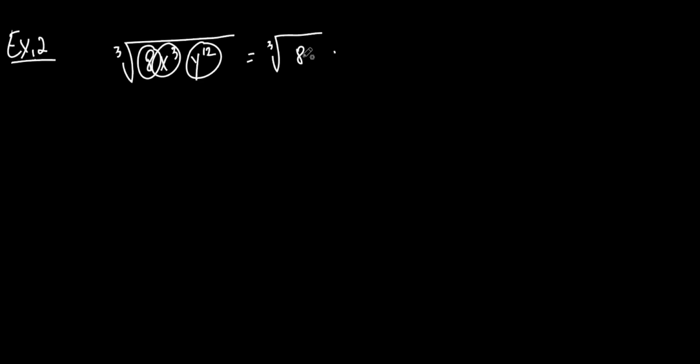So it's the same thing as the cube root of 8. This is the same thing as the cube root of what? X cubed. And this is the same thing as the cube root of y to the 12th. All right, we already talked about this. What's the cube root of 8? It's just a 2, right? 2 times 2 times 2, right? Or you could write it like this. Watch.